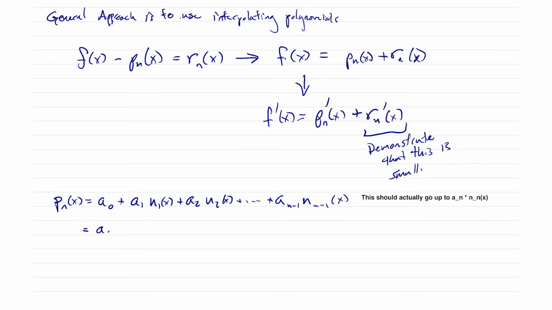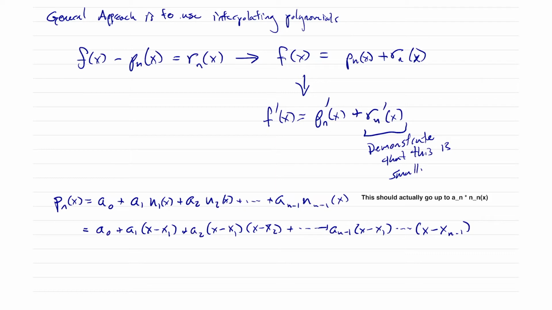And that's going to give us a naught plus a1 times x minus x1 plus a2 times x minus x1 times x minus x2 plus all the way up to a n minus 1 times x minus x1, product until we get to x minus x n minus 1. There we go. All right, and so that's what we're going to have.